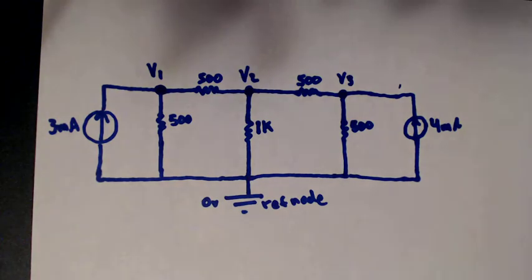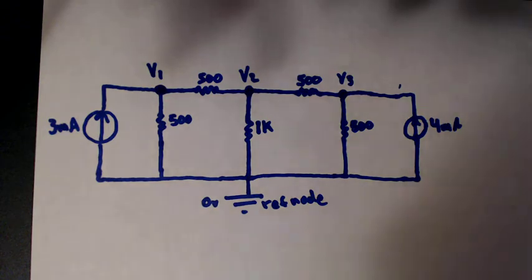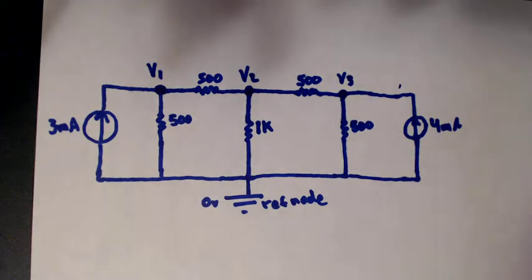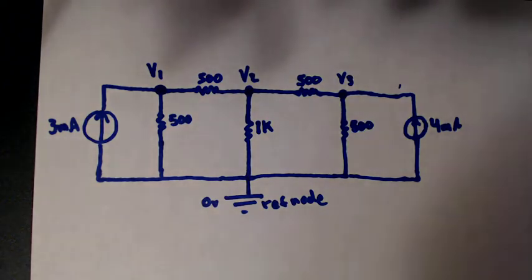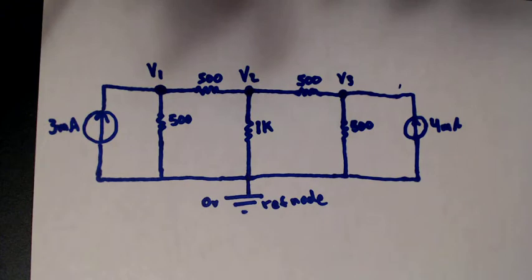If you think about what we're trying to do, we're going to write out a KCL expression for V1, and then solve that and arrive at an equation. We'll write out a KCL expression for V2, and then solve out that equation. And we'll get another equation for V3.